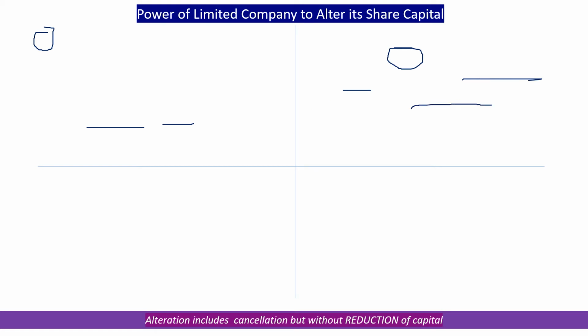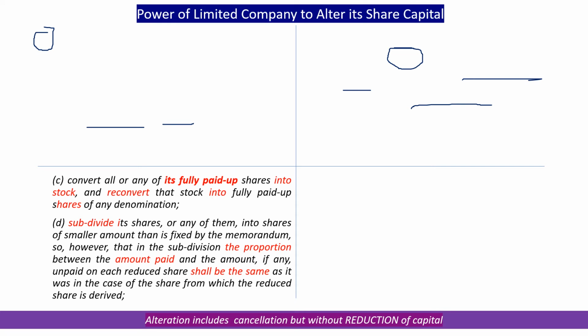Consolidation is subject to control. But consolidation or conversion can be done only in respect of fully paid up shares. And even when you do subdivision, the proportionate rights shall remain unaffected.